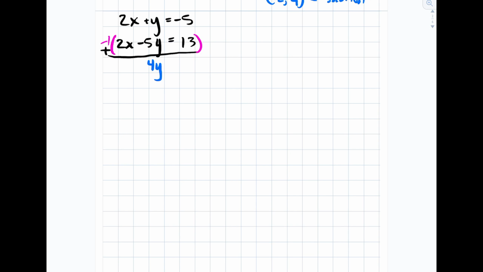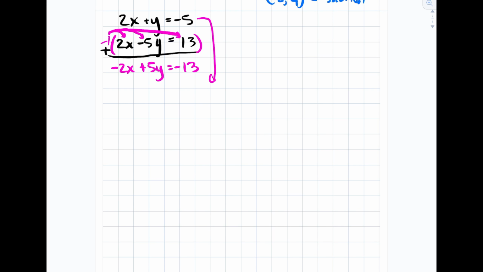So when we multiply 2x times -1, that's going to be -2x. And -5 times -1 is +5y. And -1 times 13 is -13.